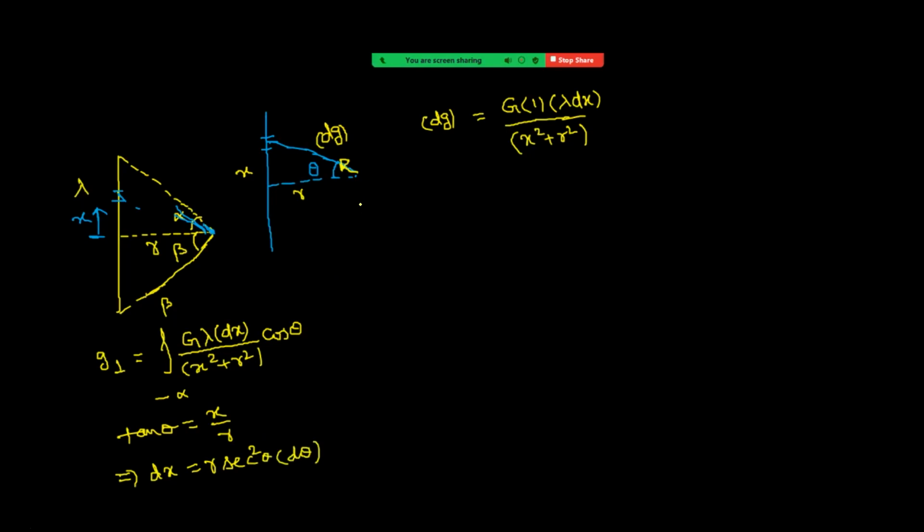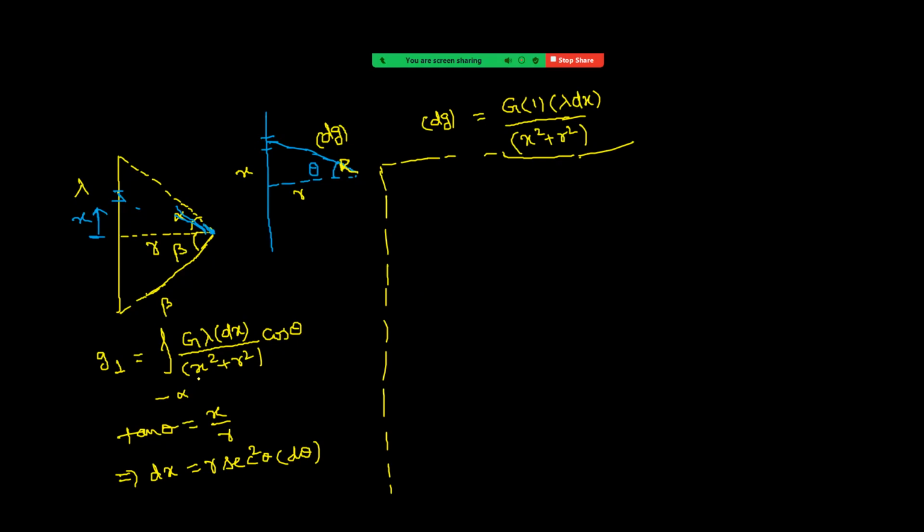Now substitute that in the above equation, then see what we get. In the place of dx, r secant square theta d theta.